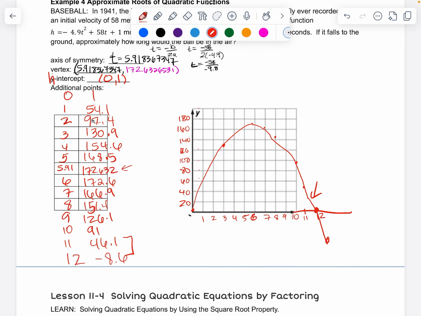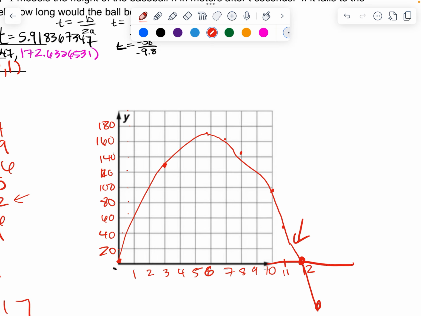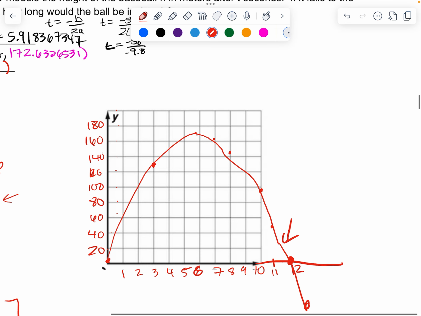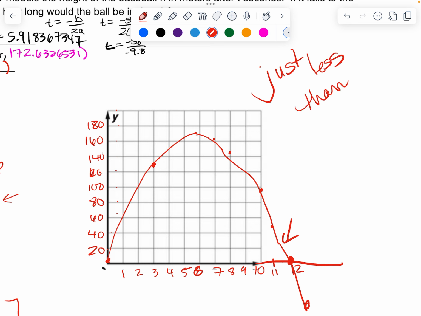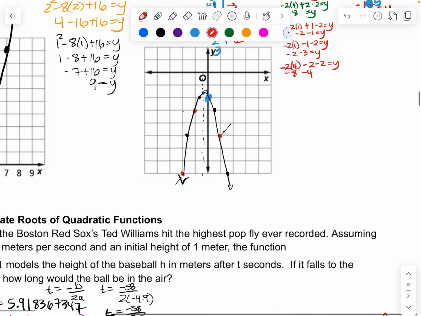So how long is that in the air? So it's in the air just less than 12 seconds.